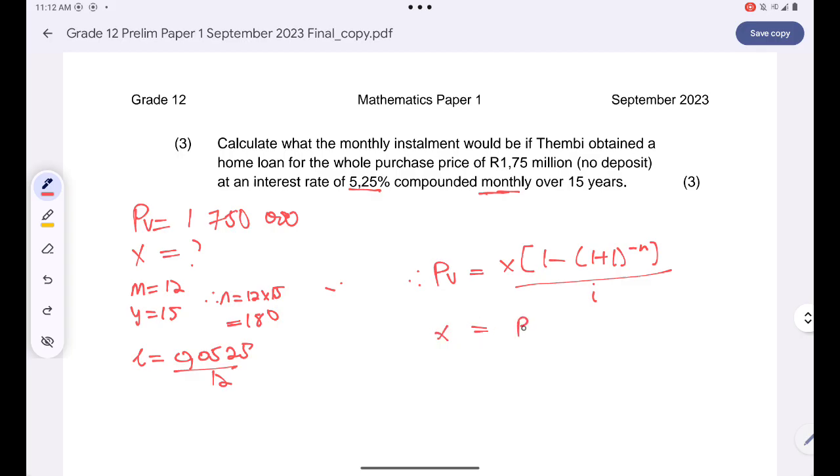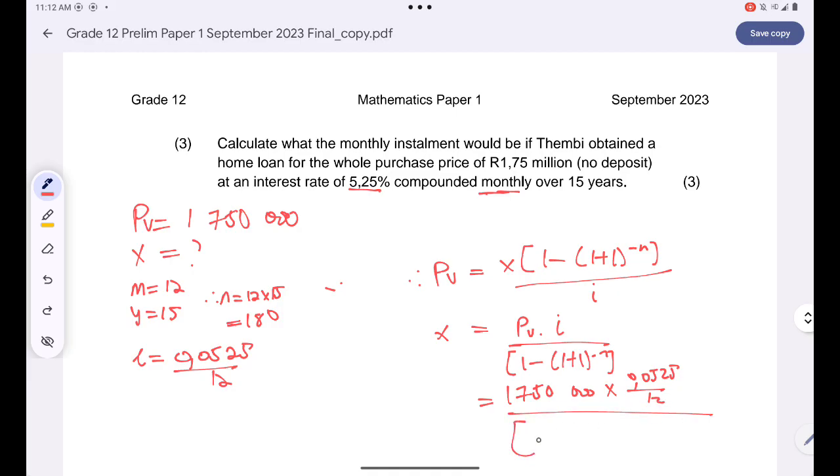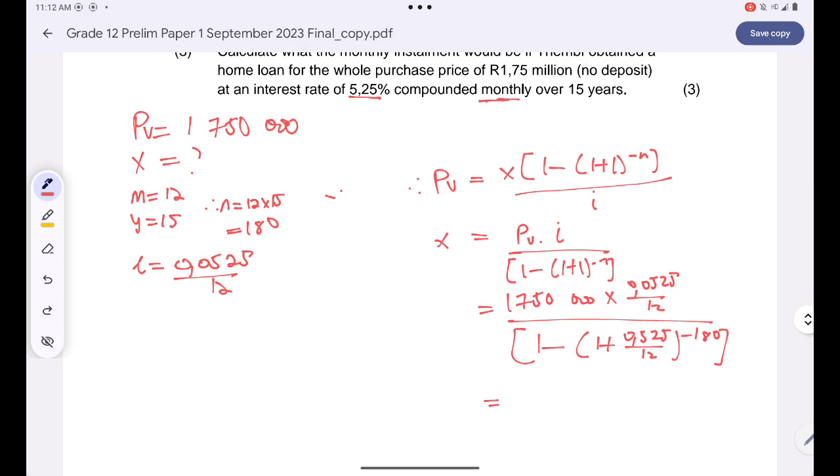So x is basically the present value multiplied by the interest, all over 1 minus (1 plus i) to the power of negative n. Present value is just 1,750,000 rands multiplied by 0.0525 over 12, divided by 1 minus (1 plus 0.0525 over 12) to the power of negative 180.